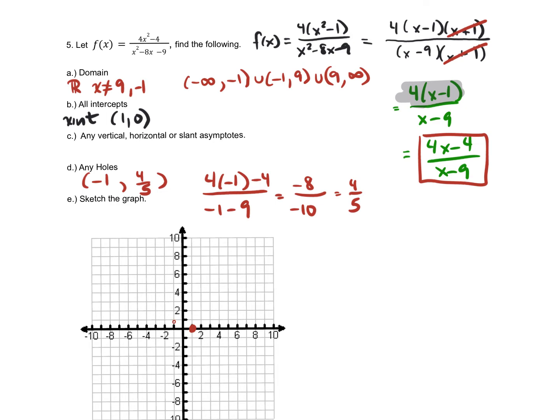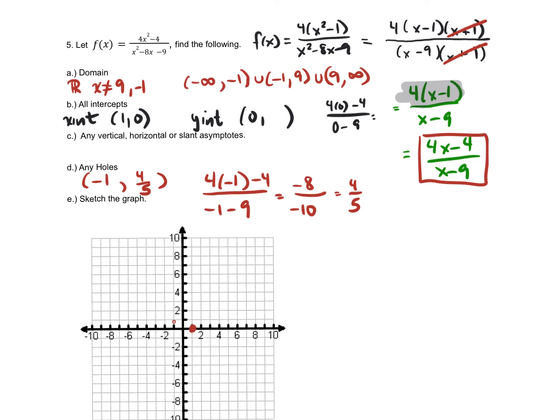Now as far as the y-intercept, remember, we are going to put 0 in for x. The x-intercept is where the top equals 0. For the y-intercept, we have to plug 0 in. It's going to be 0 comma something. I would probably plug it into the lowest terms, 4 times 0 minus 1, over 0 minus 9.